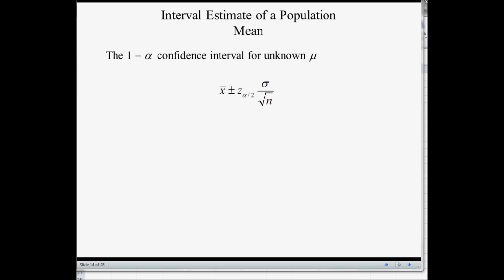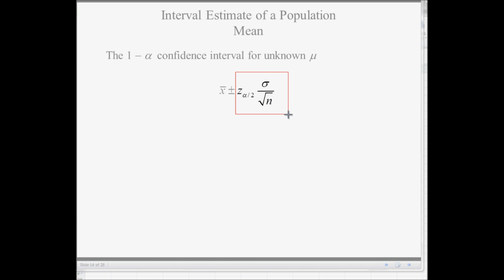To answer that question, we have to go back to the expression for the confidence interval. For a 1 minus alpha confidence interval, we have the sample mean plus or minus the z-value multiplied by the standard error. The standard error is the standard deviation divided by the square root of n. So the z times the standard error is the margin of error. I'm going to copy that into Excel.